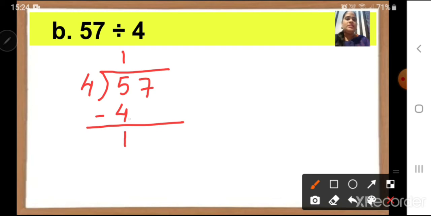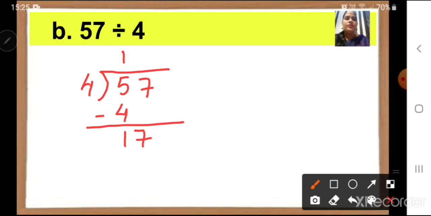The next step is to take the next number down from the dividend, which is number 7. So number 7 we will write here down. Now here we have number 17. Okay, so we have to see in 4's table whether 17 will go or not. Now let us say, children, the table with me. 4's table, 4 ones are 4, 4 twos are 8, 4 threes are 12, 4 fours are 16. So we have got here number 16, which is the nearest number, right?